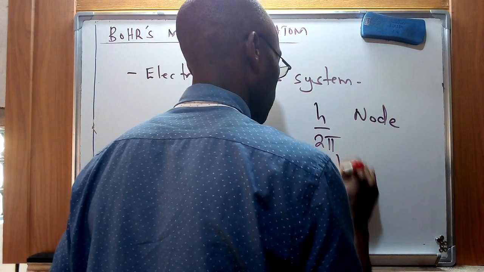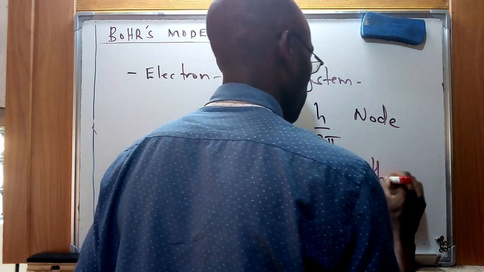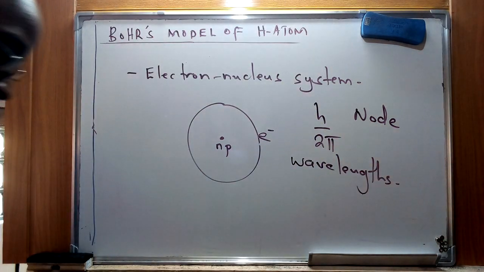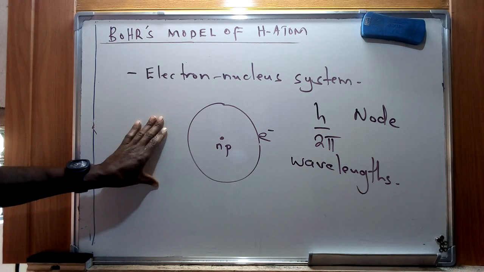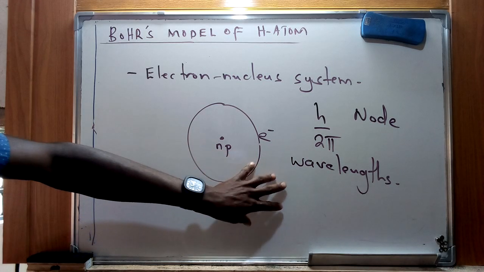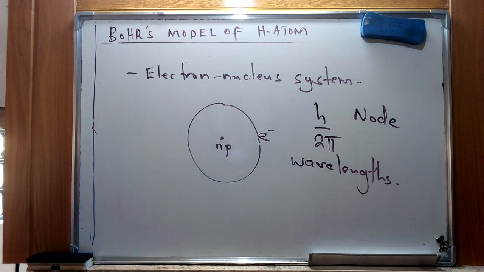We said that the wave consists of various parts, and one of them was the wavelength. So I'm going to give you a mathematical interpretation of this so that we can understand what we are talking about.